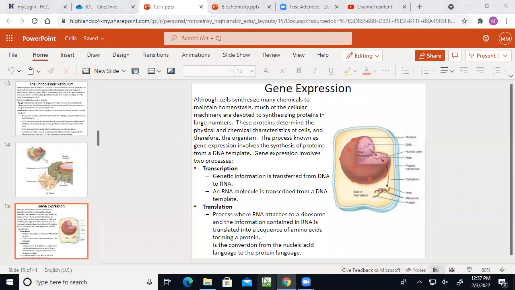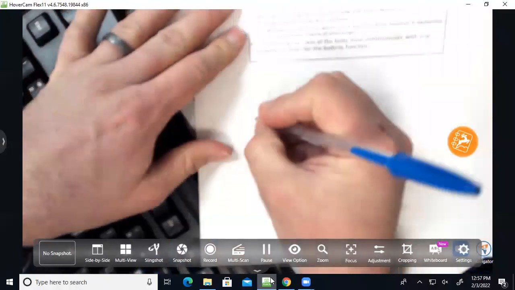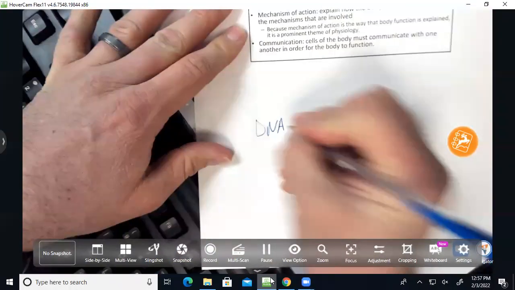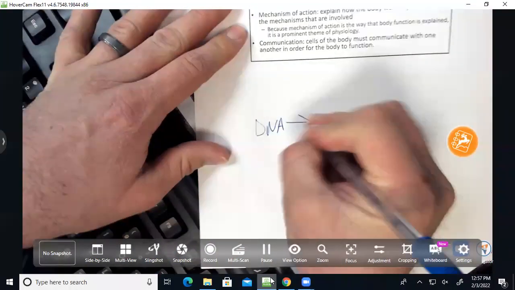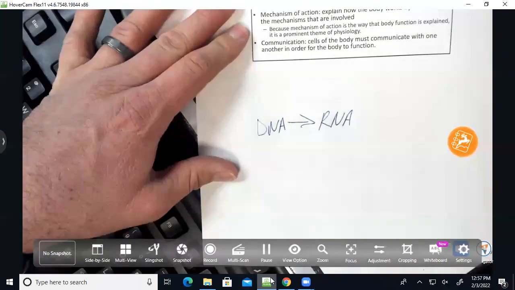Okay. I'm going to simplify expression by kind of writing out the following phrase. It is essentially something as simple as you start with DNA and you make RNA.